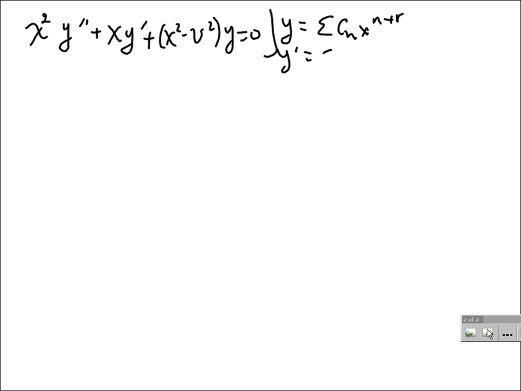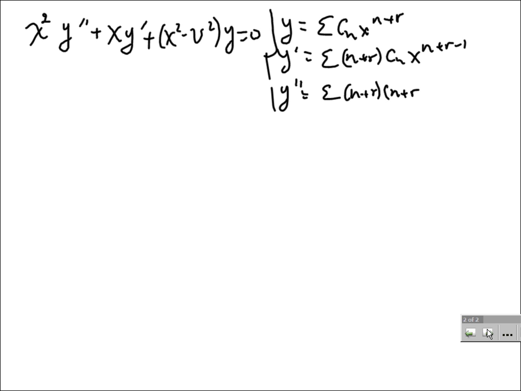So y prime will be the summation of (n plus r) c_n x to the n plus r minus 1. And the second derivative will also be a summation of (n plus r) times (n plus r minus 1) times c sub n times x to the n plus r minus 2. In all three cases, the summation goes from 0 to infinity.